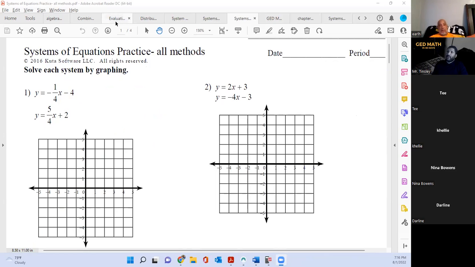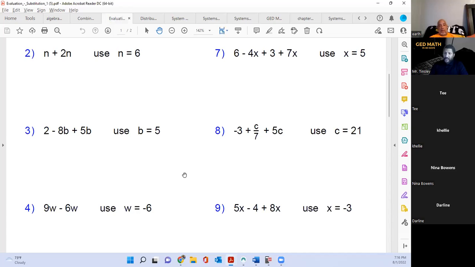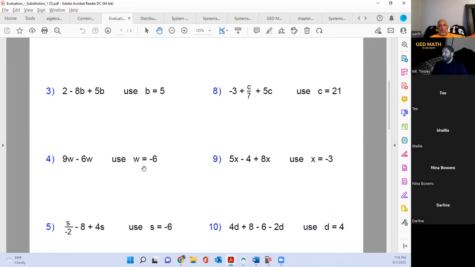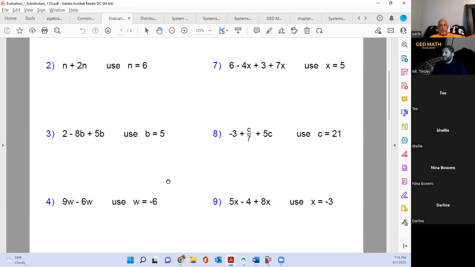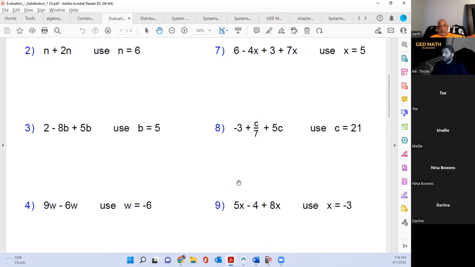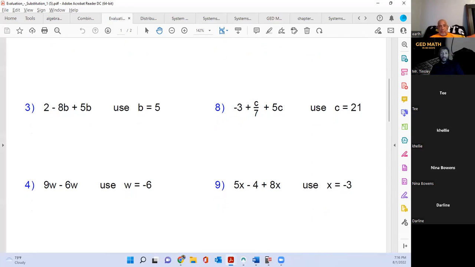Oh, I know what somebody had problems with real quick. And again, let's use a variable that they have already. Let's use number 8. To me, with number 8, when you got to substitute a value, so C equals 21. So minus 3 plus C over 7 plus 5C.